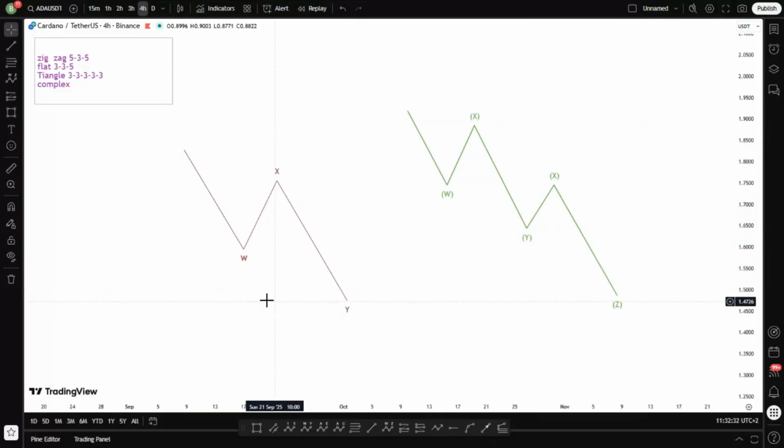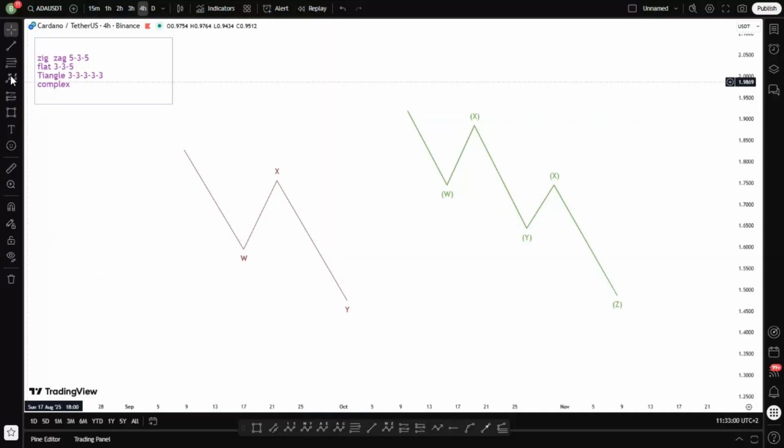So W simply means a combination, or rather maybe a full pattern. It can either be a zigzag or a flat, a full corrective pattern. And then with X, again, it's another pattern which can be either a triangle or a flat or a zigzag. And with Y, again, it has to be a pattern.